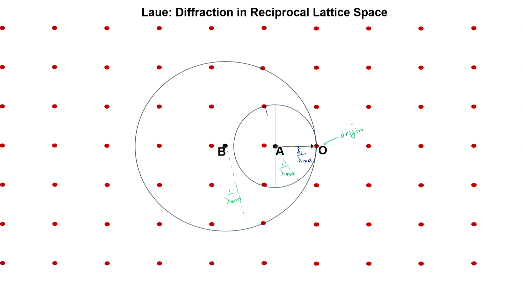So, I can get a scattered beam here, I can get another scattered beam here, and so on. Because why will I get a scattered beam here? Because if I join this point O and let us say this is point P, then the scattering vector S divided by lambda max would be a reciprocal lattice vector.